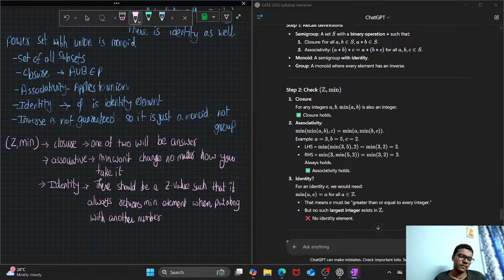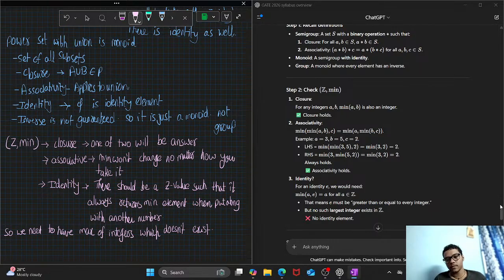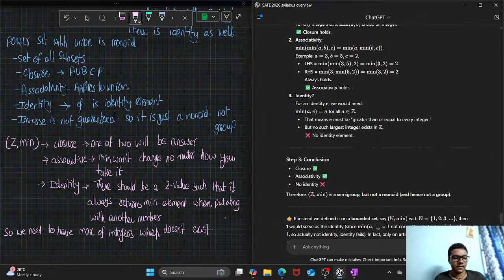So we need to have a maximum of integers, which doesn't exist. So there is no identity, so it is just a semigroup.